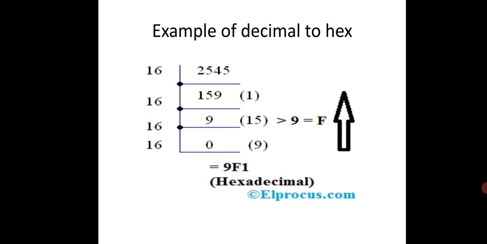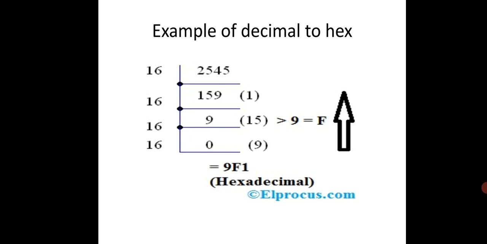Hexadecimal means 16, so you have to divide 2545 by 16. 2545 divided by 16 is 159, and the remainder is 1. 159 divided by 16 is 9, and the remainder is 15. 9 divided by 16 is 0, so you have to write 9 as the remainder.